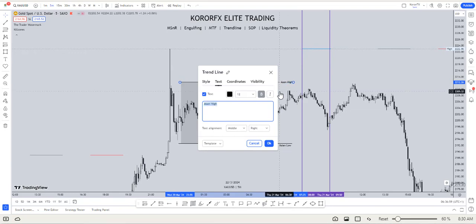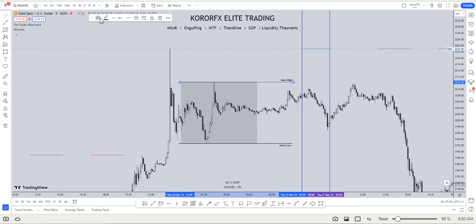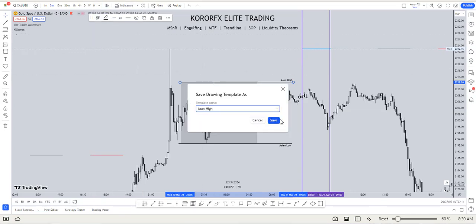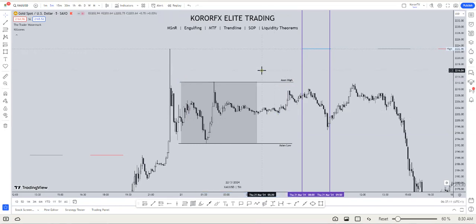So Asian session high, price did not take even the Asian session high, and we entered 8. This is within range, entry model 3.